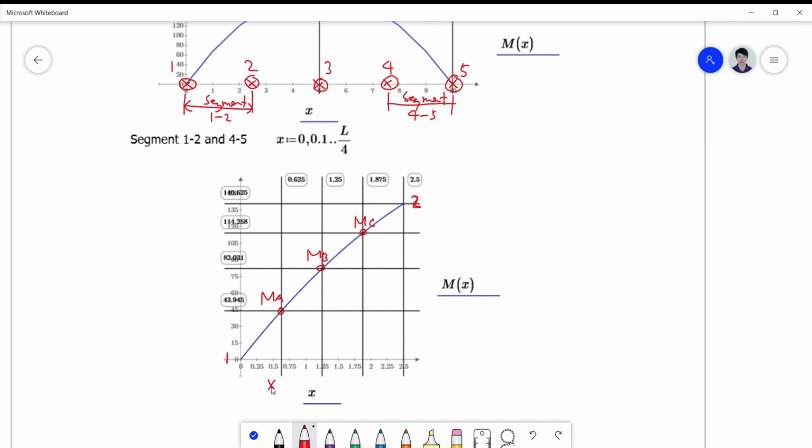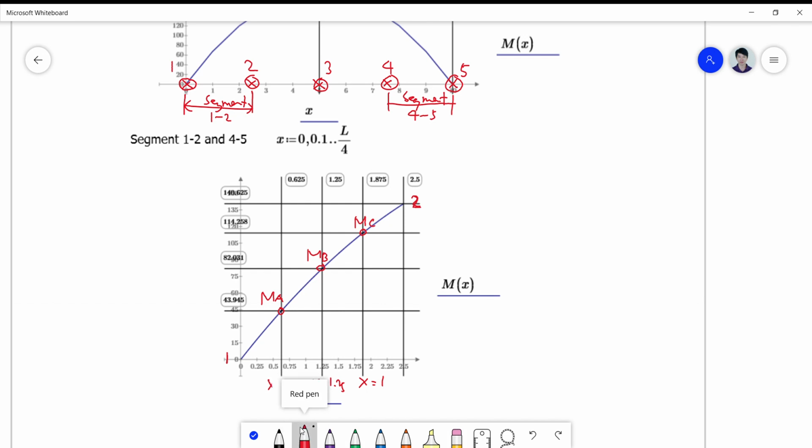So x here is 0.75, x here is 1.25, and x here is 1, or sorry, this is not 0.75, this is 0.625, okay?